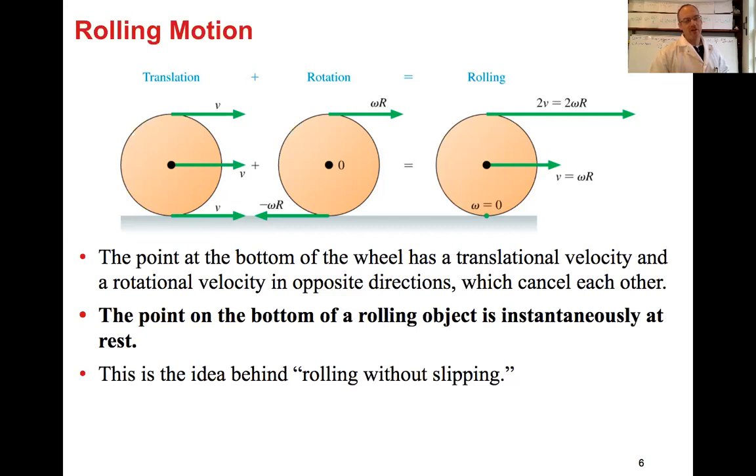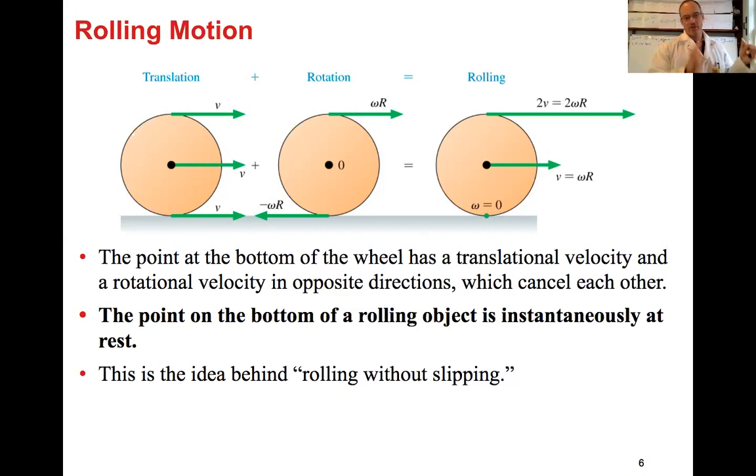When you add that up together to describe the rolling motion, which again is taking into account a combination of translational and rotational, what you see is the top edge is moving ahead with 2 times the velocity, the center is still moving ahead with normal velocity, and the bottom actually is motionless. The very bottom that's at contact with the ground is instantaneously at rest. Okay, so that's the idea behind the rolling without slipping.